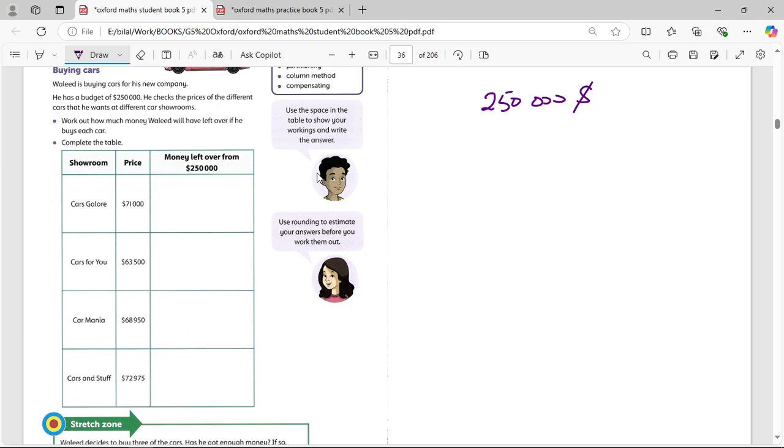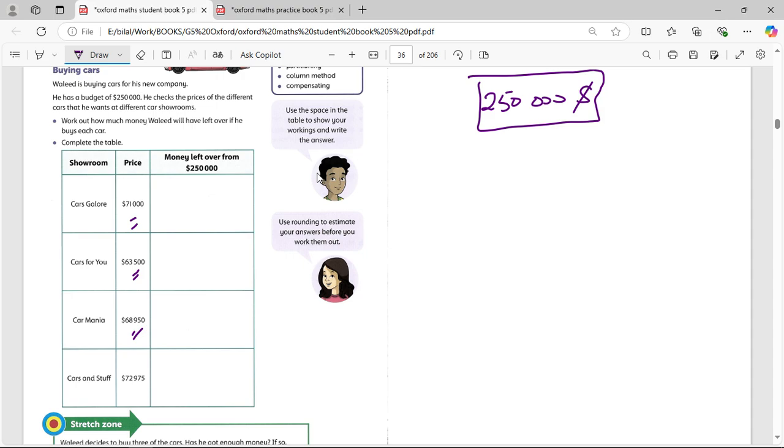It's a trademark of a car. So 71,000. How can I subtract this amount from all this money? Now I have two methods. Either I subtract each one from this main money that I have in my bank account. Of course, it can't be in your pocket, this is $250,000.